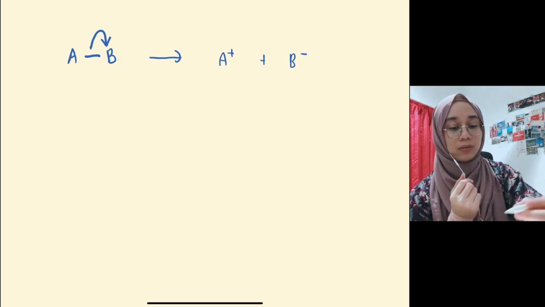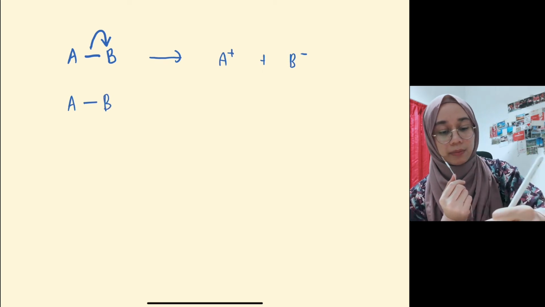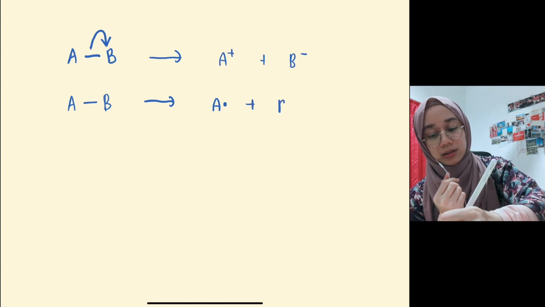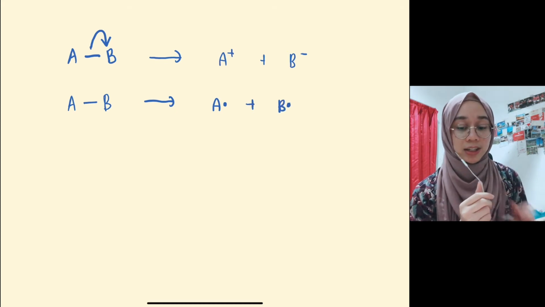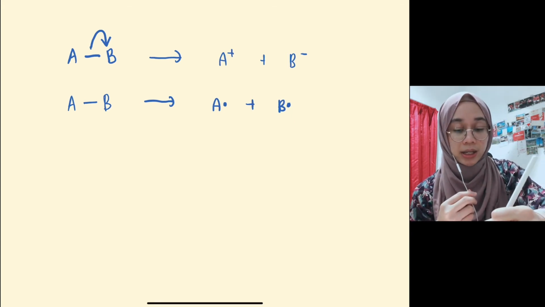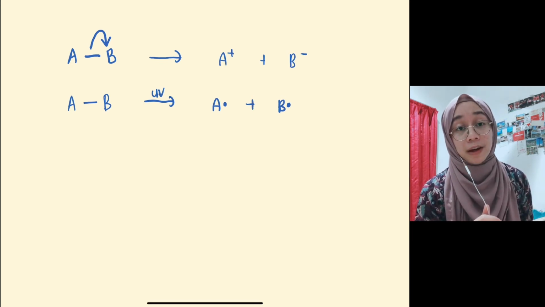Okay. So the next case pula. Kalau kamu ada A, B macam ni tapi kamu dapat radical. Radical kan the one species yang ada unpaired elektron. So as you can see, ini dia ada unpaired elektron. Tapi usually akan ada UV sekali dekat sini. So how to show the curve arrow then?